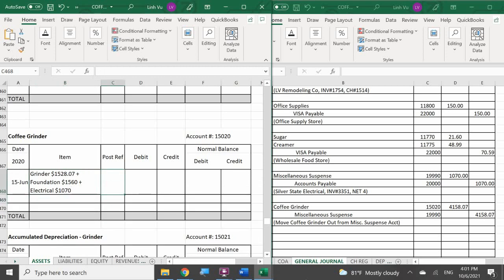Okay, so in this case, general journal number 5 for 4,158.07.